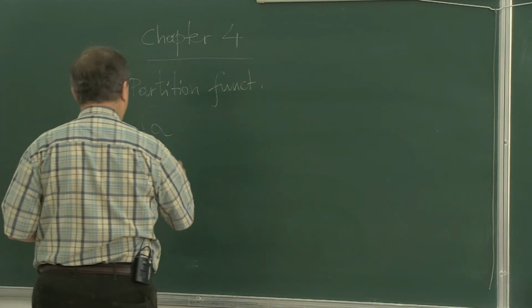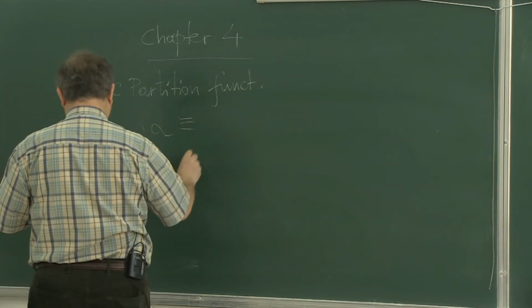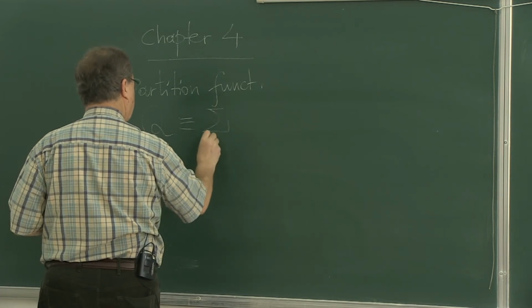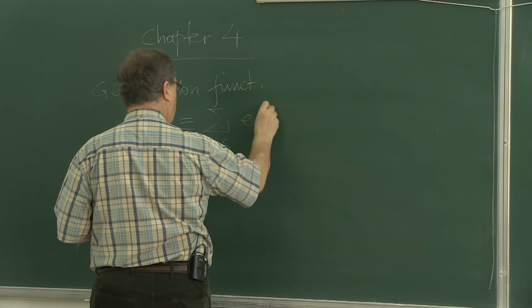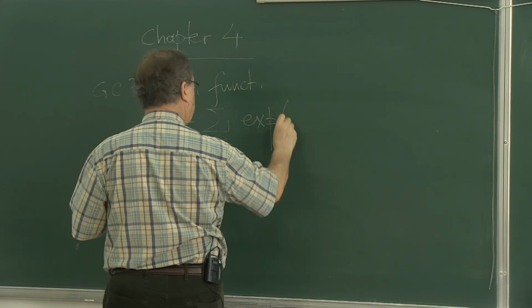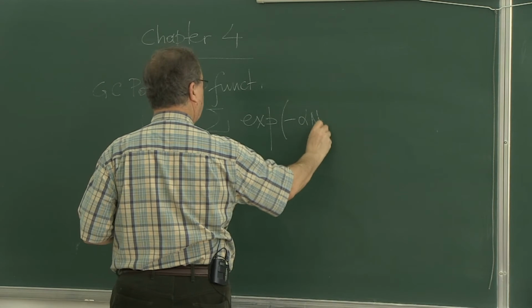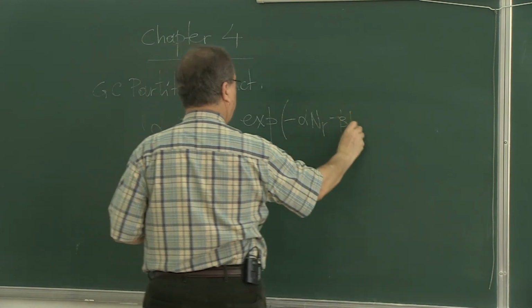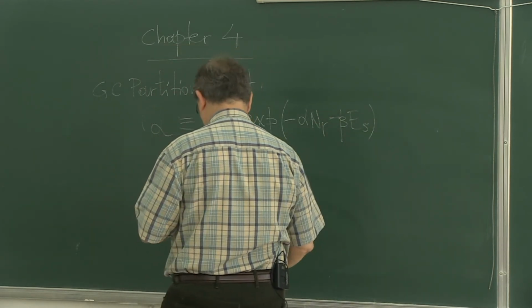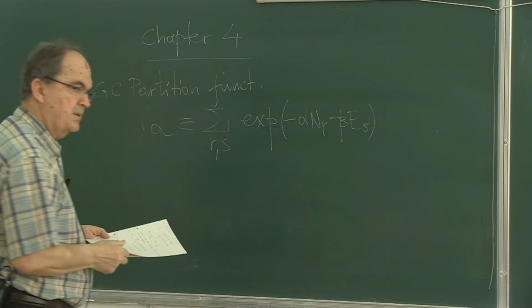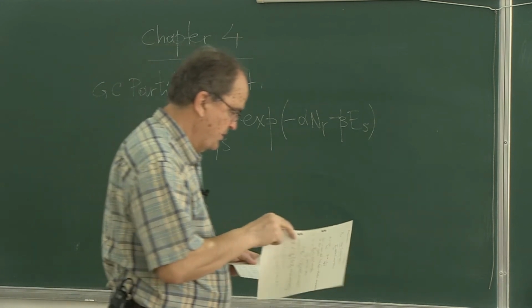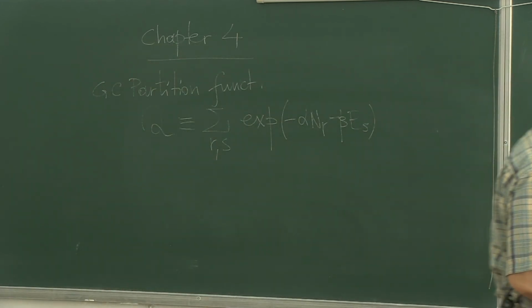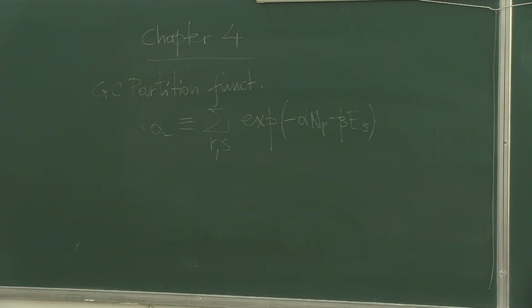Curly Q. This is the sum over all possible states and number of particles of exponential minus alpha N_R minus beta E_S. That's the grand canonical partition function, and that's what we have done up to now.